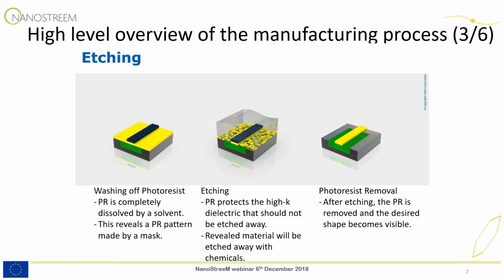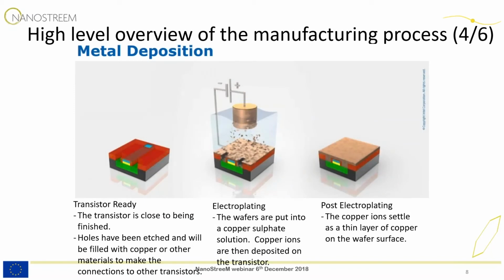So now we're into metal deposition, and at this stage, what we call the transistor is almost ready. And what we do at this stage is that any of the holes that have been etched will need to be filled with the likes of copper or any other material in order to make the various connections that we need within the transistor itself. After that, we introduce some electroplating, which again, I think most people will be pretty familiar with.